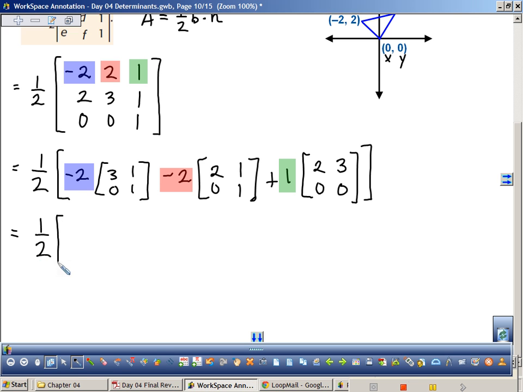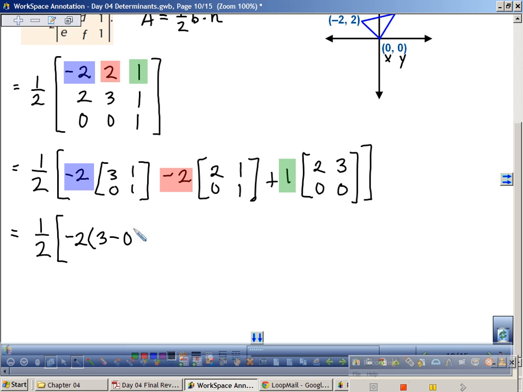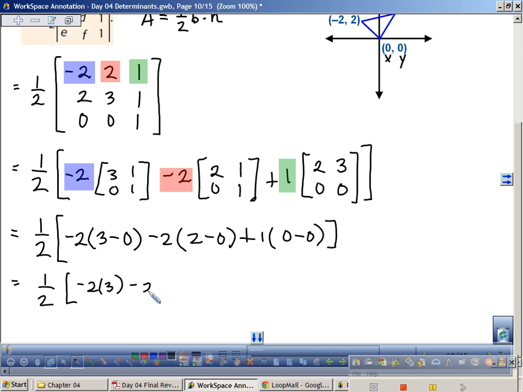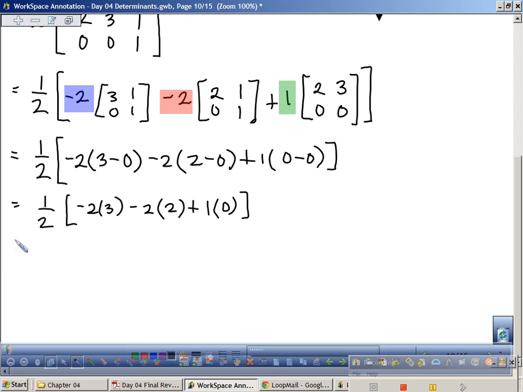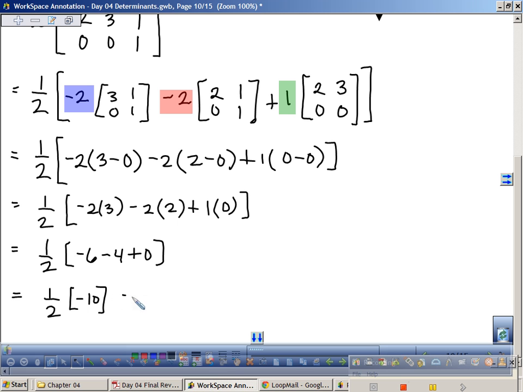Equals 1/2 bracket negative 2 times 3 times 1 is 3 minus 0, minus 2 times 2 minus 0, plus 1 times 0 minus 0, equals 1/2. 3 minus 0 is 3, so negative 2 times 3, minus 2 times 2, plus 1 times 0, equals 1/2 times, I know you guys think it's silly, but you can make silly errors over being lazy. 1/2 of, and this is where we can be a little lazy, negative 10, which is negative 5.